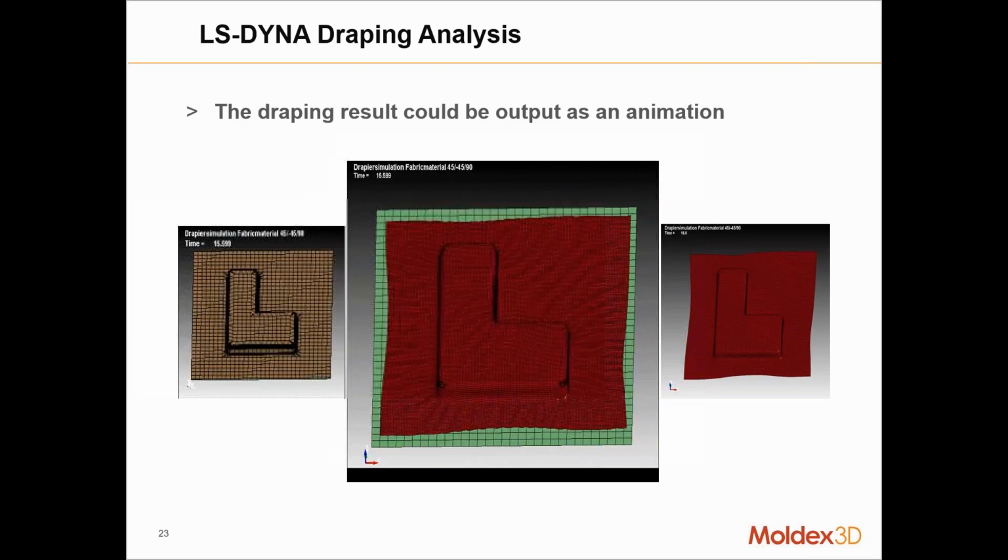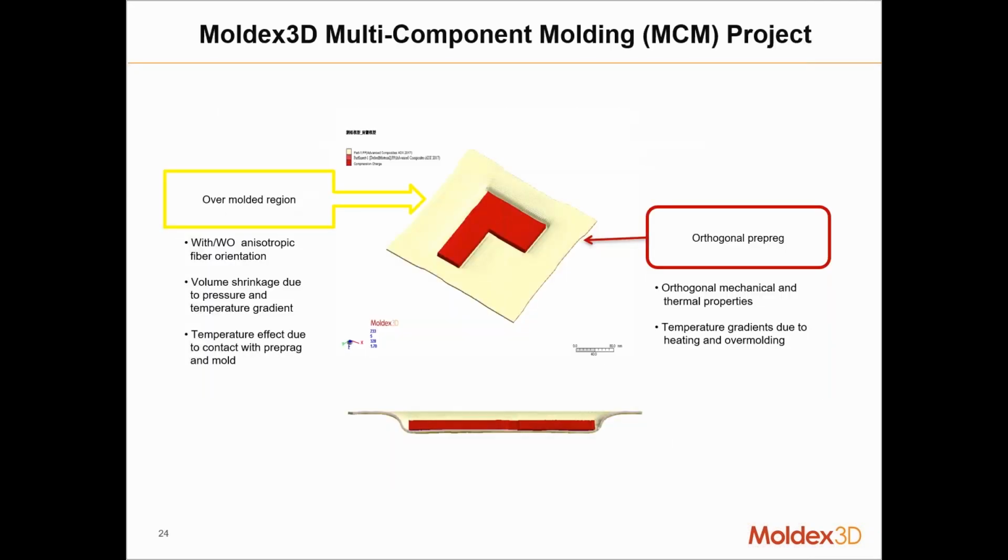Have our draping analysis. Once we have the draped analysis of the fabric, we can model in the charge in Moldex3D and use that to finish the flow calculation to determine what's happening with the fabric, your shears, fiber orientations, and such.